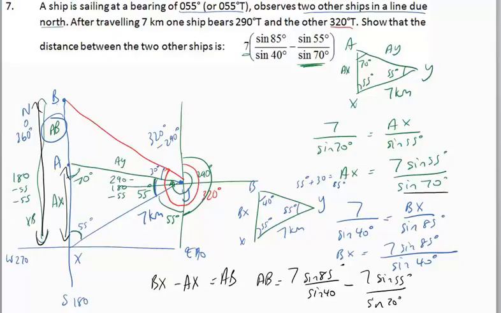And if we take our 7 outside of our equation, we get 7 times (sine 85 degrees divided by sine 40 degrees minus sine 55 degrees divided by sine 70 degrees), which is our formula shown here.